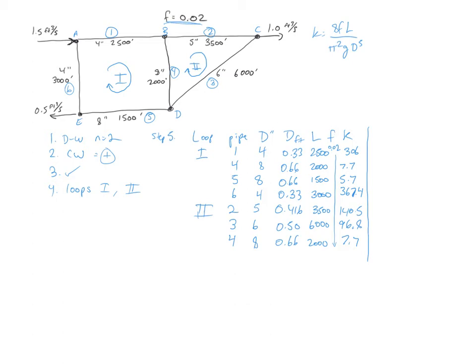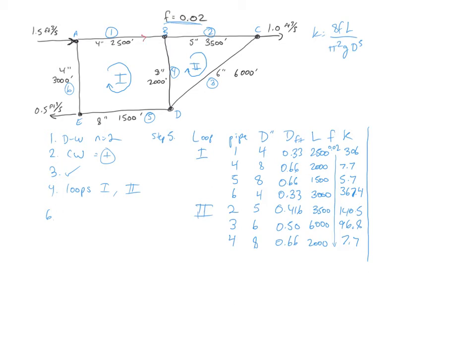Now we're on to step 6, where we're going to assume reasonable and consistent flow rates in each branch. Okay, so we start at point A. We have 1.5 CFS coming into there from that arrow on the left. So we have to make some assumptions about what's leaving. I'm going to say I want to assume about half goes one direction, about half goes the other direction.